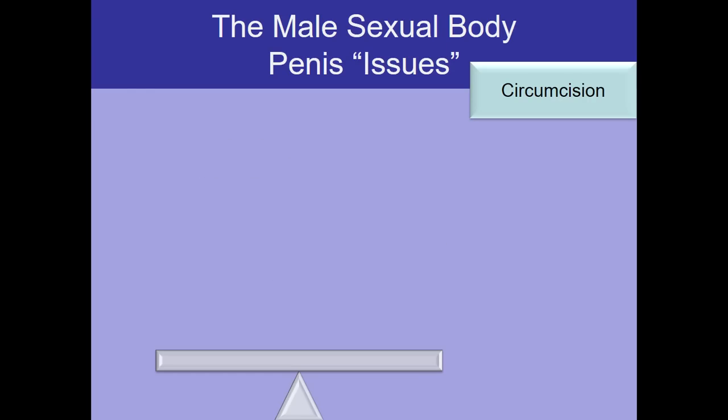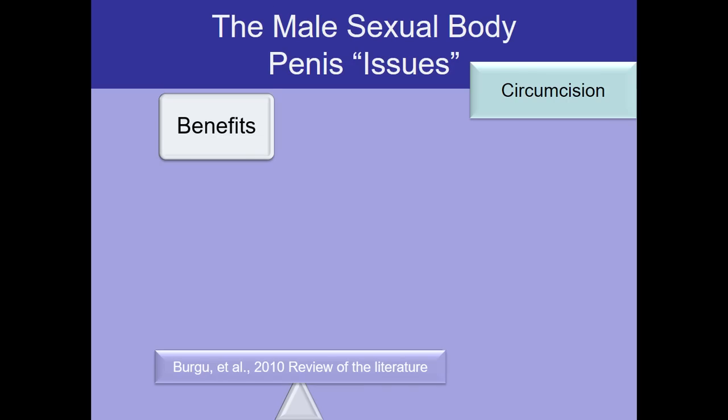Now, it's become a controversial issue because there are some pros and some cons to circumcision. So let's start with the benefits. This all comes from a review of the literature that was conducted in 2010. First off, several studies have shown that men who have their foreskins removed have fewer urinary tract infections.